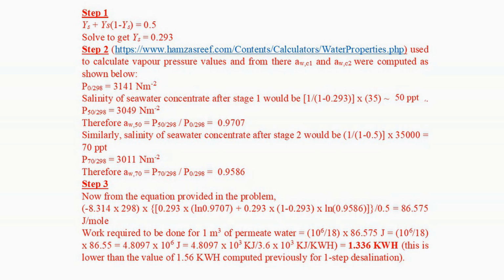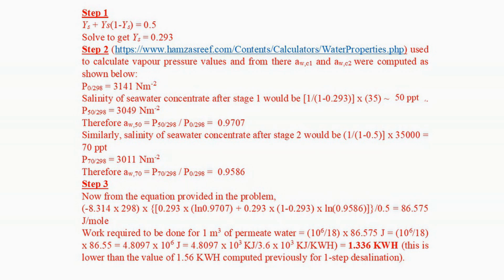You can work out that after the first stage the salinity increases from 35 ppt to 50 parts per thousand, and in the second stage it increases to 70 parts per thousand, naturally because 50% of the water has been removed after the second stage.